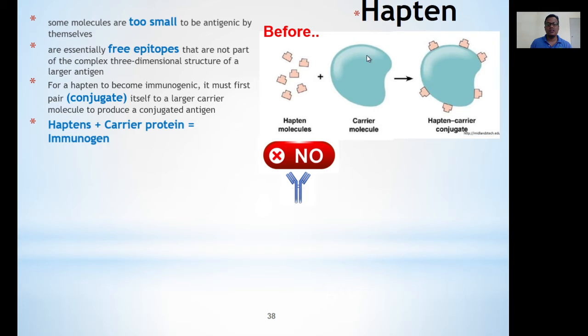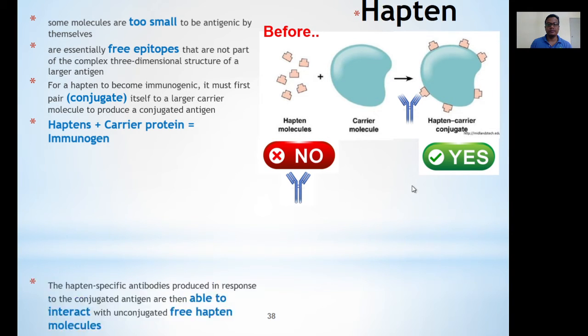Once the hapten combines with the carrier molecule, it becomes bigger, so the immune response can now identify it. So now it has the immunogenic ability, and once it has good immunogenicity, it will be able to stimulate an immune response.